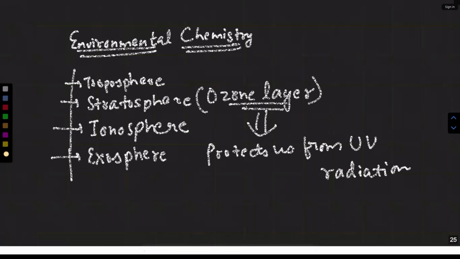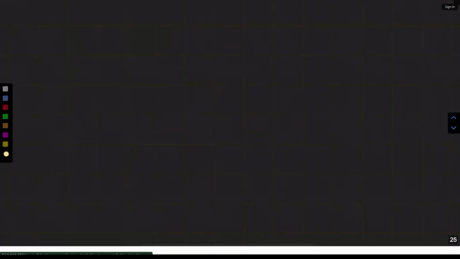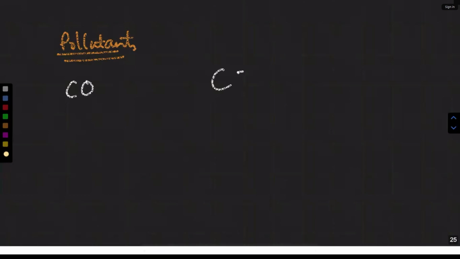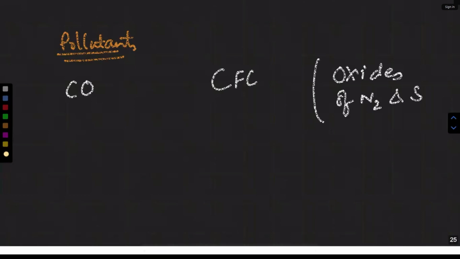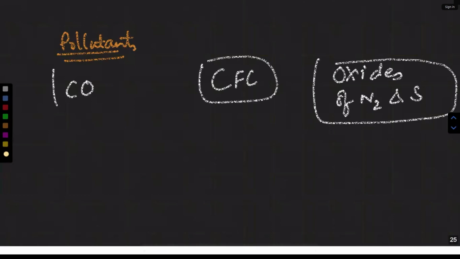So moving ahead, pollutants. Basically CO, CFC, and oxides of nitrogen and sulfur. These are the three main pollutants out there in our atmosphere.